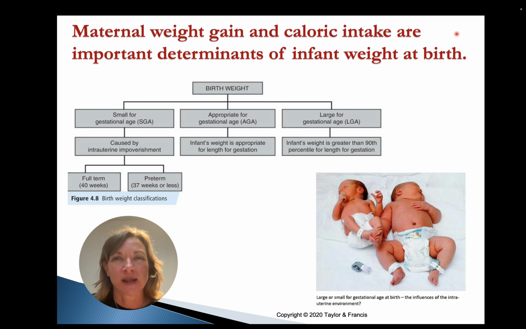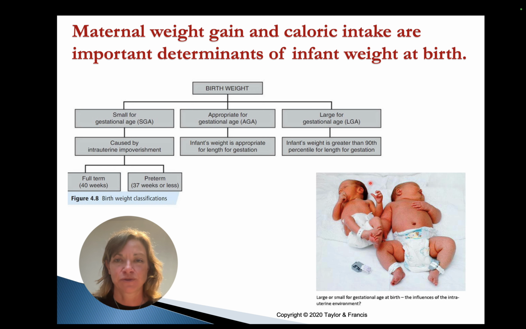So why are maternal weight gain and caloric intake important? They're important because mom's metabolic state dictates in part baby's weight at birth, and baby's weight at birth is an important determinant of baby's health. So here are two babies. They're the same gestational age. You can see the difference in their size and their weight.